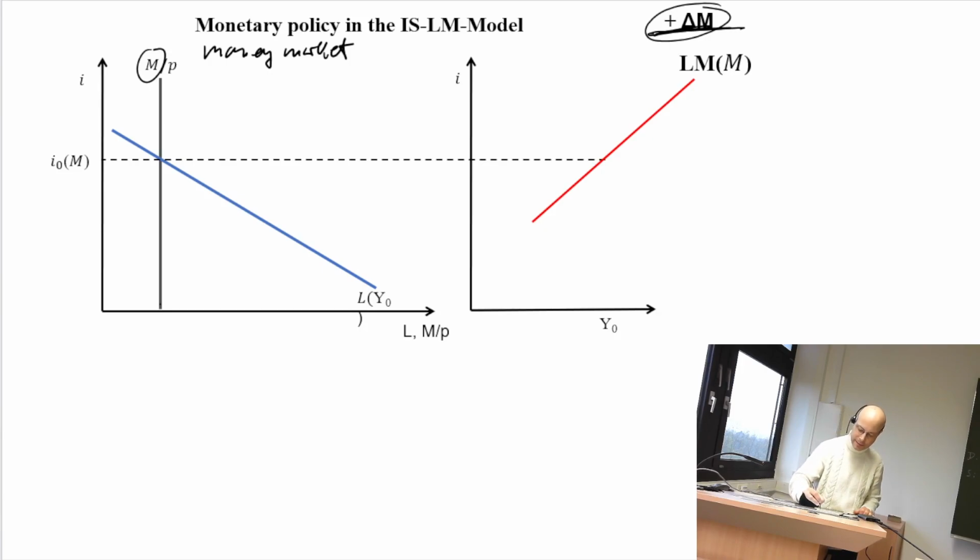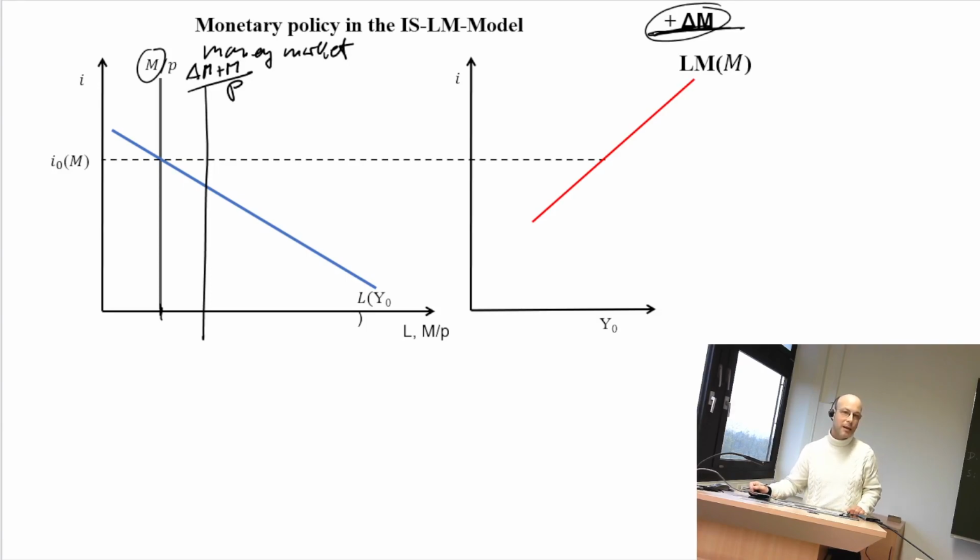Well, if this is 10 and now it's 12, what happens? A shift to the right. So we would then obtain delta M plus M over P as the new money supply.